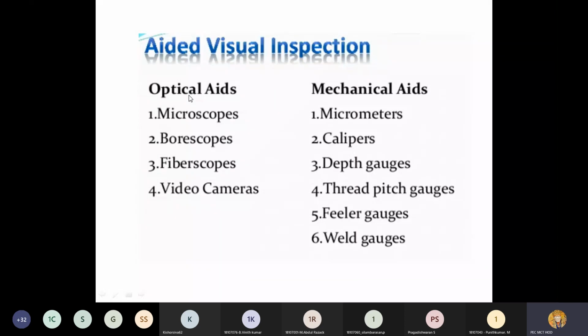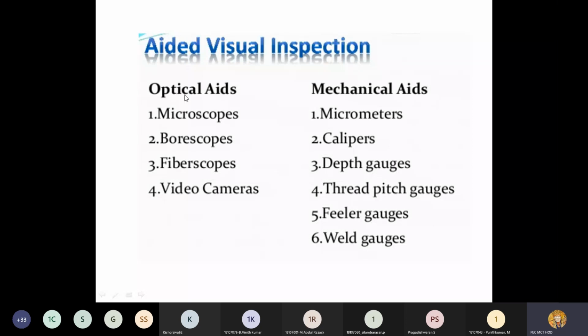By using various types of lenses, we can easily see very micro to macro objects by means of a microscope. This is one type of lens-using device: microscope, borescope, fibroscope, even endoscope, and video cameras. So, using optical lenses.